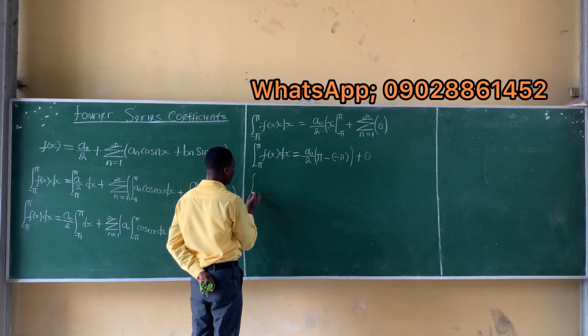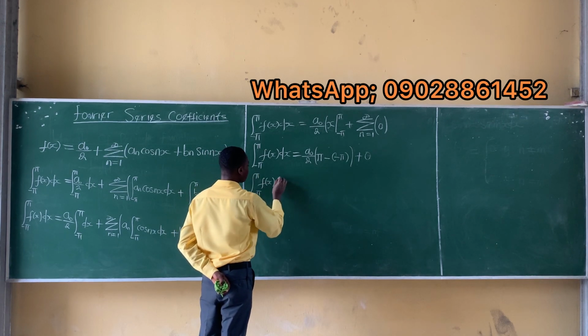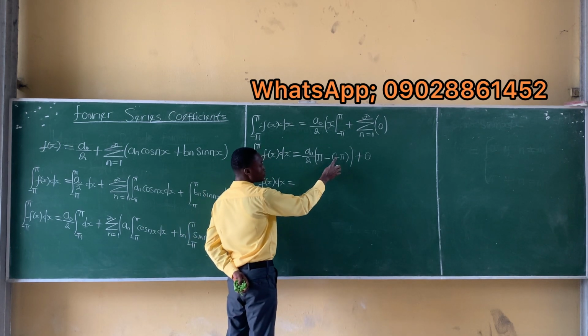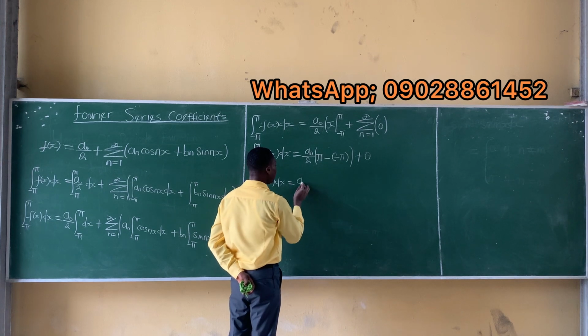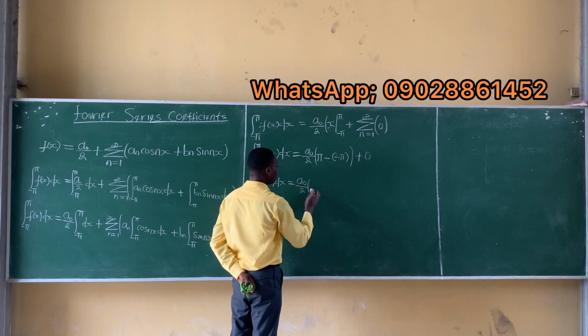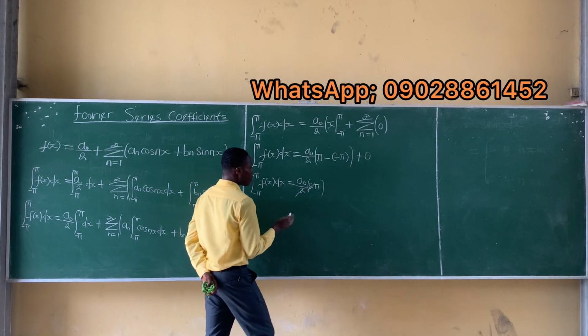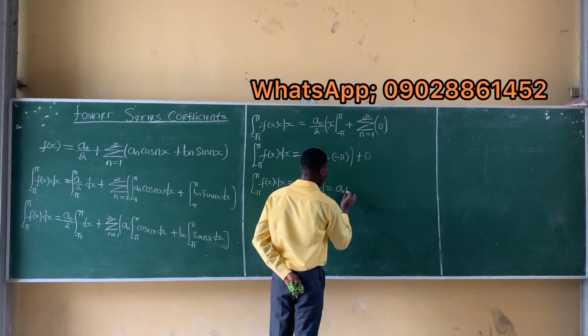So this means that the integral from minus pi to pi of f of x dx is equal to pi minus minus pi, which gives pi plus pi, which is 2 pi, so a naught over 2 into 2 pi. The 2 cancels out 2, and we have a naught pi.